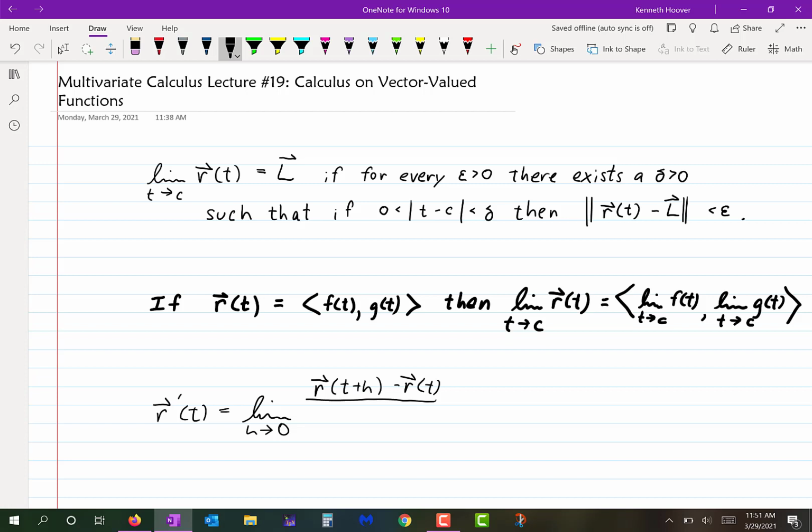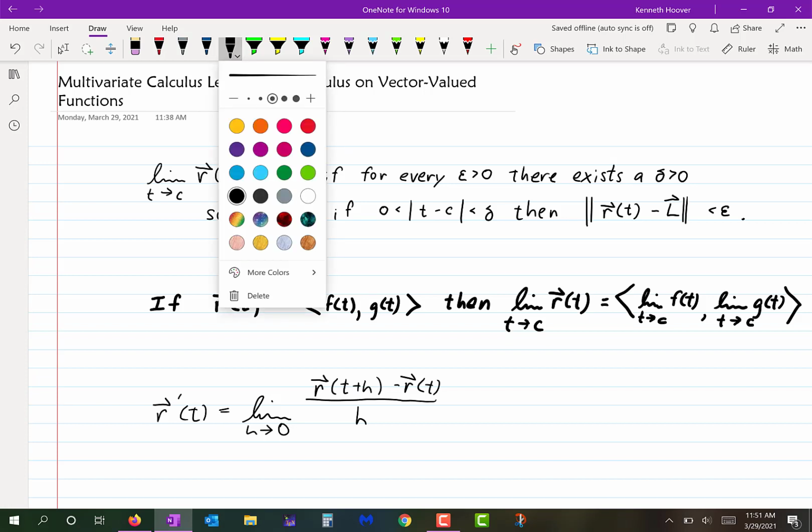That looks very similar, doesn't it, to how we define the derivative of a real valued function in Calc 1. Well, again, because it's so similar, then why don't we use what we already know and write it that way?